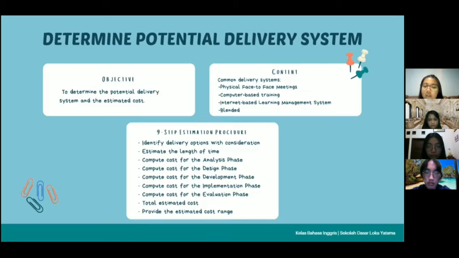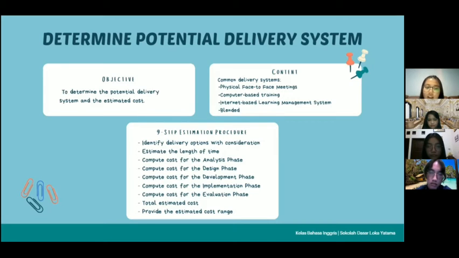The common delivery systems include physical face-to-face meetings, computer-based training, video, internet-based learning management systems, and blended. In blended, there are two or more of the above delivery systems.